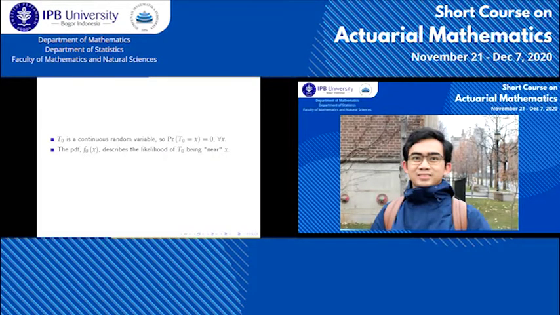Okay, let me explain this. If we draw the graph of the PDF, let's say this one is the PDF f_0(x), and for example, we have the graph of f_0(x) like this. For example, this point is x and this point is x plus t.